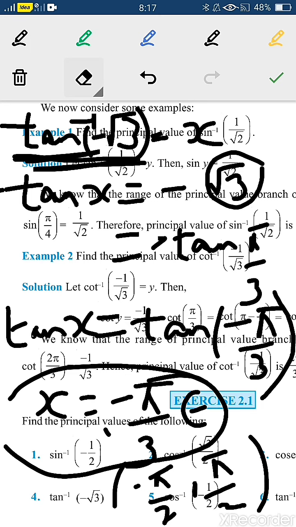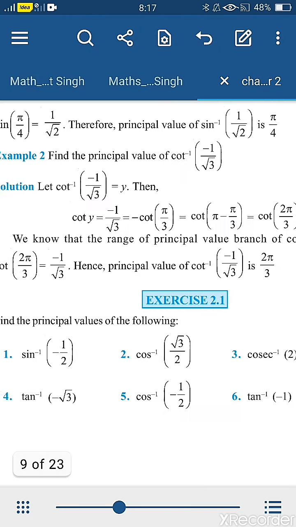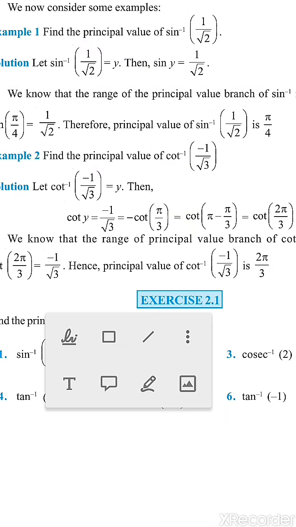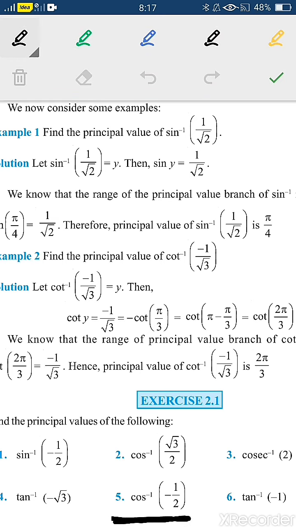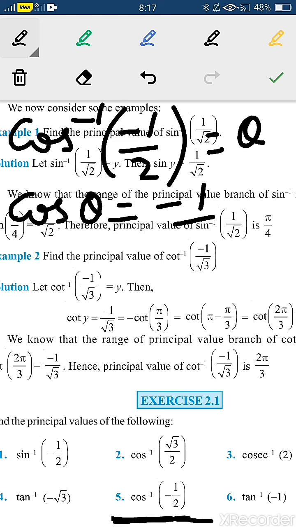Now let us come to a new question, that is cos inverse minus half. This is question number 5, cos inverse minus half, right? So in this again let us take cos inverse minus half is equal to, let us say, theta. This implies cos theta is equal to minus half.